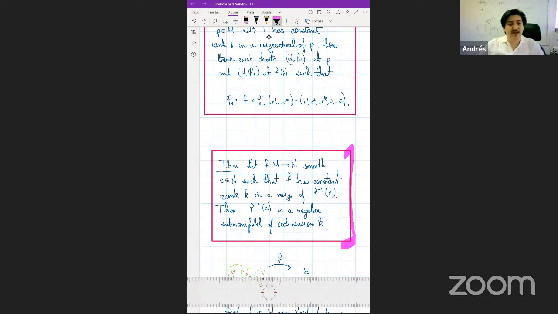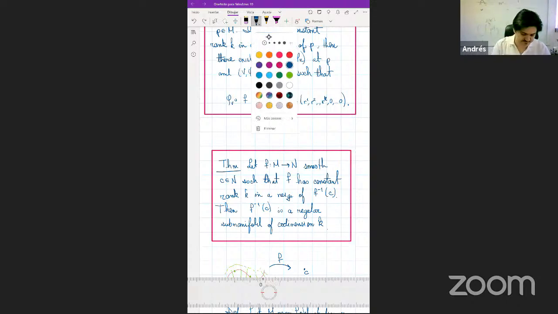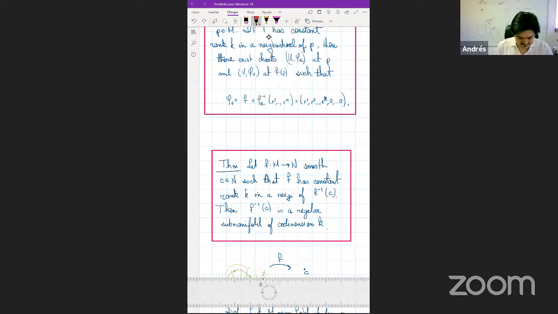This is called the constant rank theorem. Okay, so that's for next time.